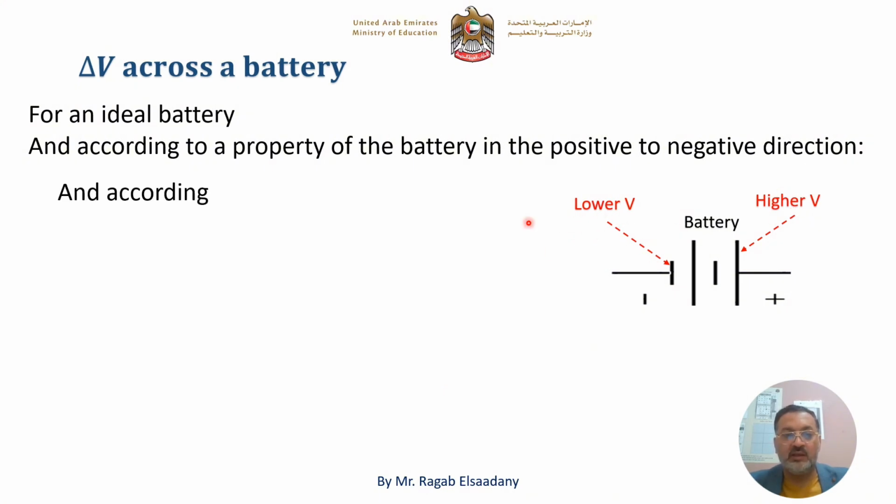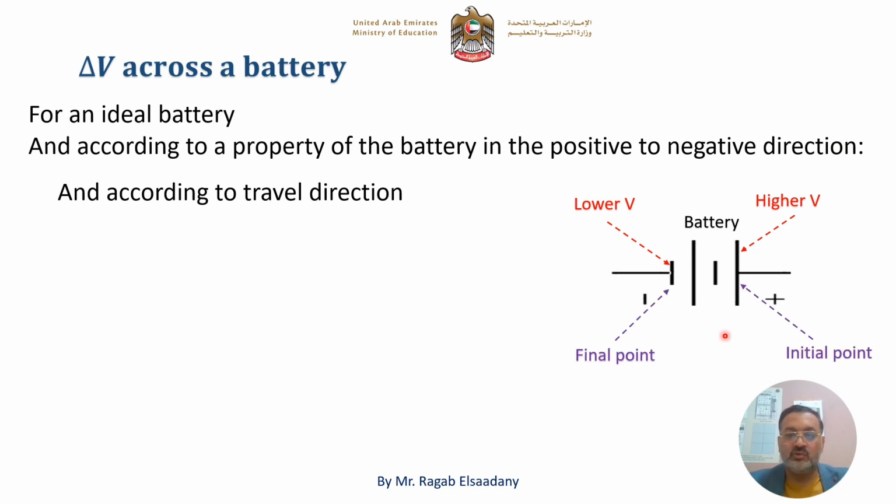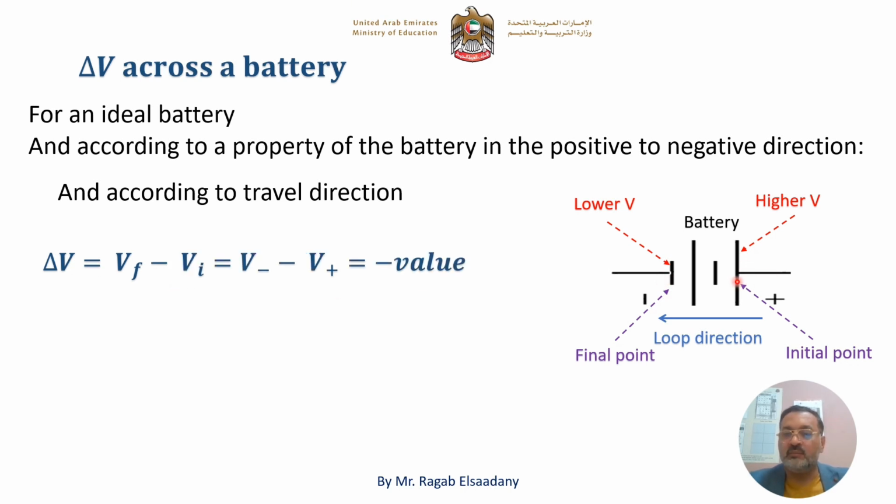According to the traveling direction, the initial point is the positive terminal and the final point is the negative terminal, so the loop direction is from the positive terminal to the negative terminal. So delta V is equal to V final negative minus V initial positive. That means it will be a negative value. Then delta V is equal to negative EMF.